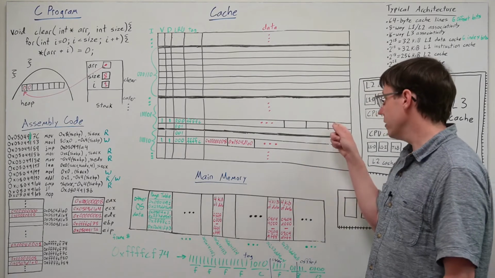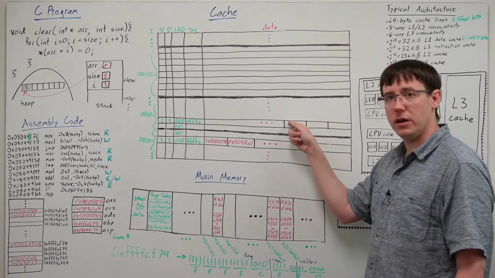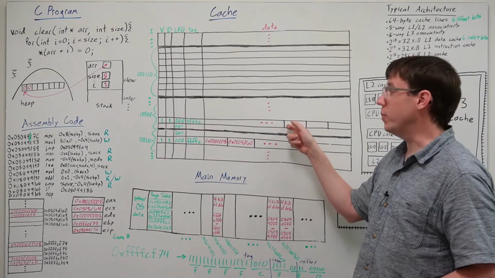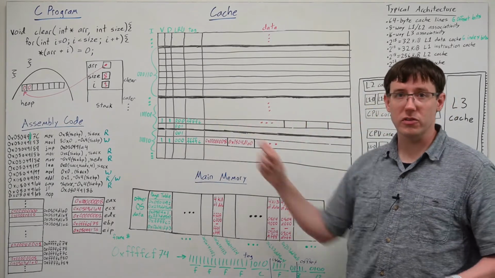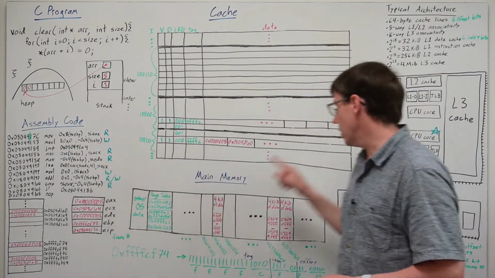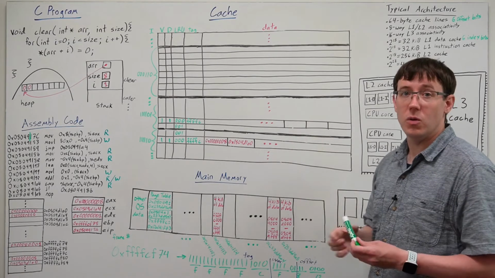So we have 15, 14, 13. We are looking at the third to last 32-bit value within this cache block, and we are writing the value 0 to that location within the line.